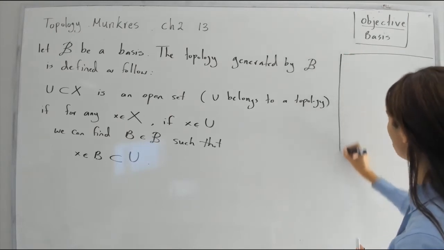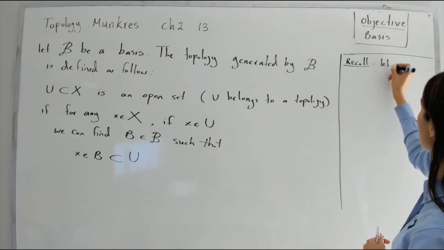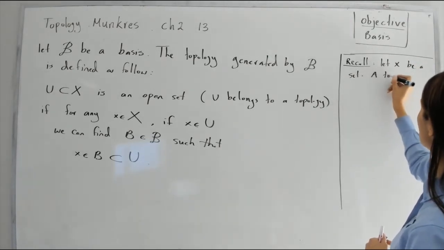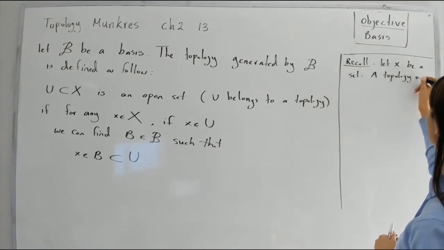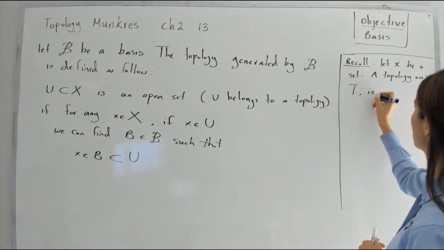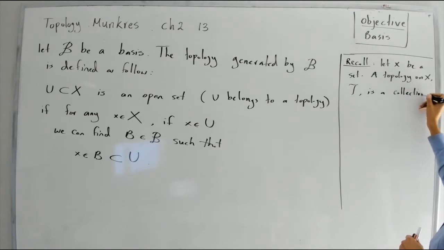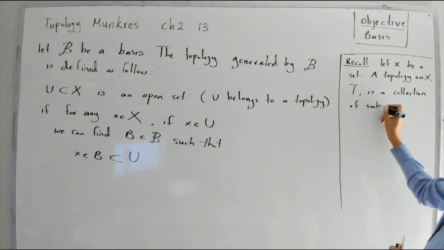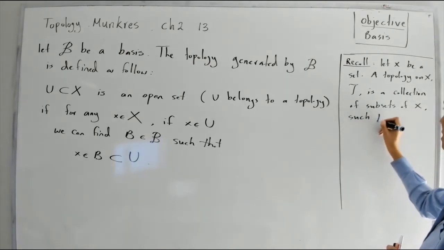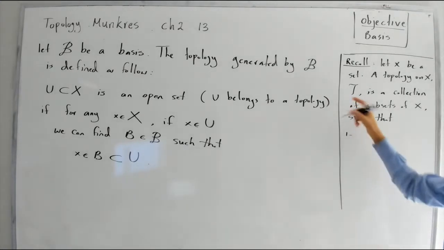Short recall. Let X be a set. A topology on X, like tau, is a collection of subsets of X such that, first of all, the empty set and X belong to tau.